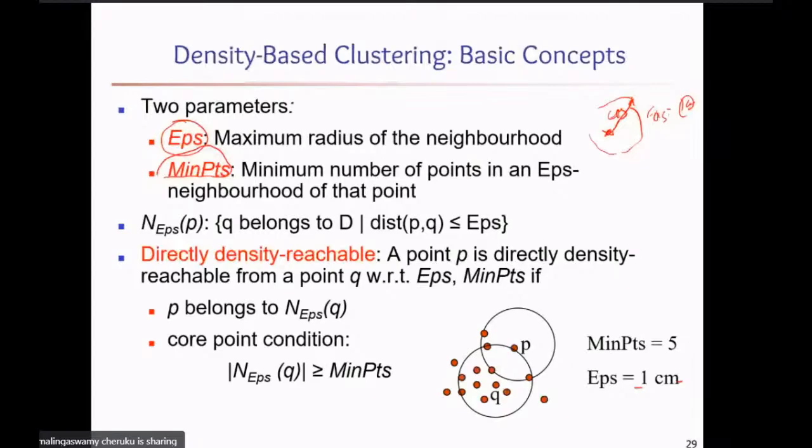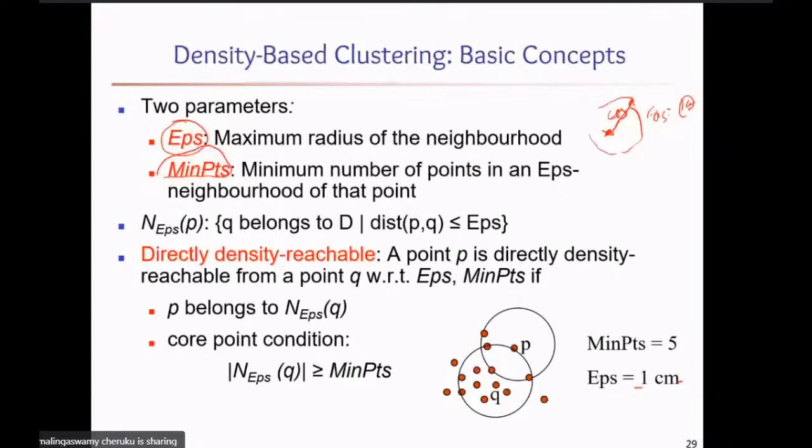Suppose I draw a circle around Q, then P1 should be in the neighborhood of Q, and Q should be a core point. Then if I draw a circle with P1 as the center, P2 should be in the neighborhood, and P1 should be a core point. Then only can we say Q and P are density reachable. This is directly DDR.